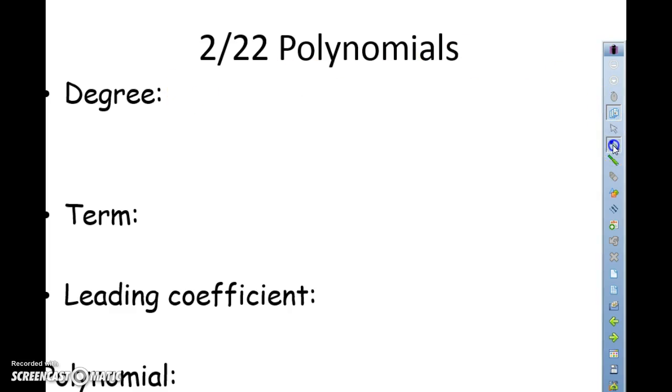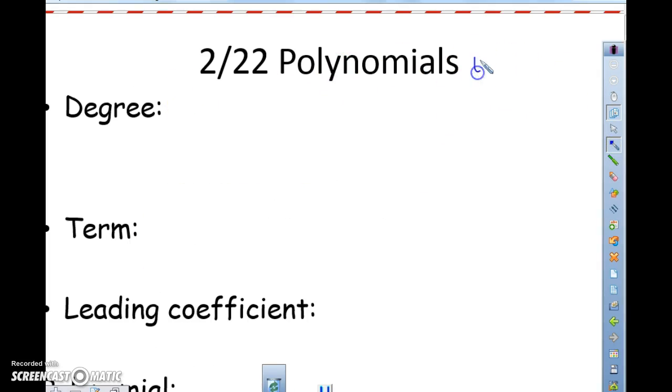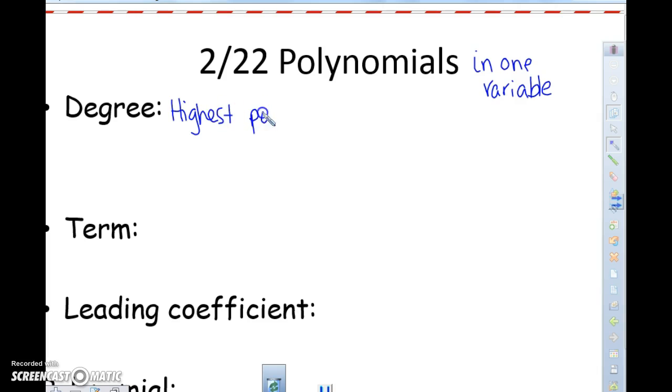Okay, we're going to be talking about polynomials in one variable. The degree in one variable would be the highest power or exponent on the variable.